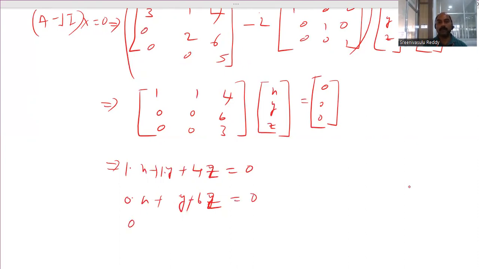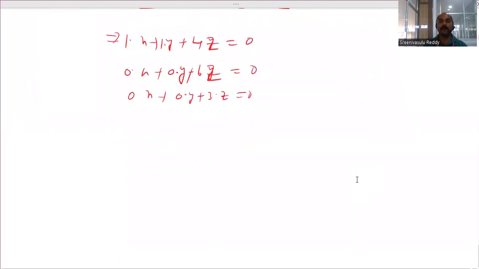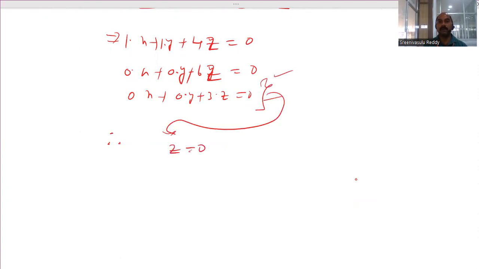And from the last equation, 0 into x plus 0 into y plus 3 into z equal to 0. Now, from the last two equations, only z is involved. Therefore, from these two equations, z equal to 0.